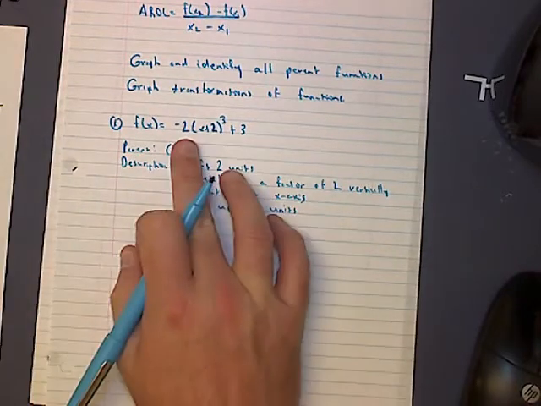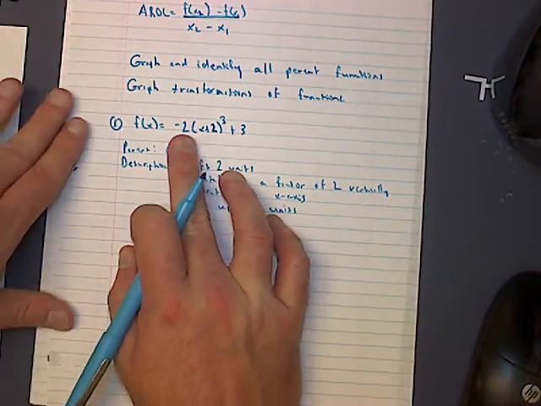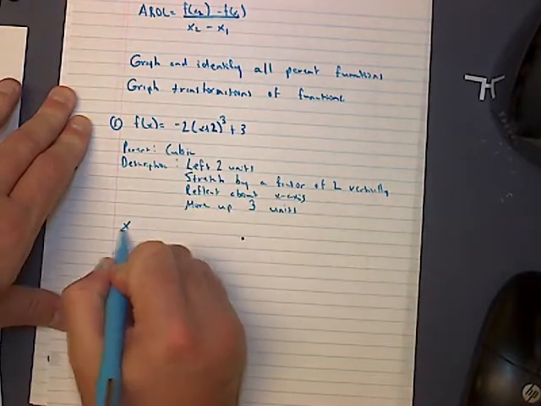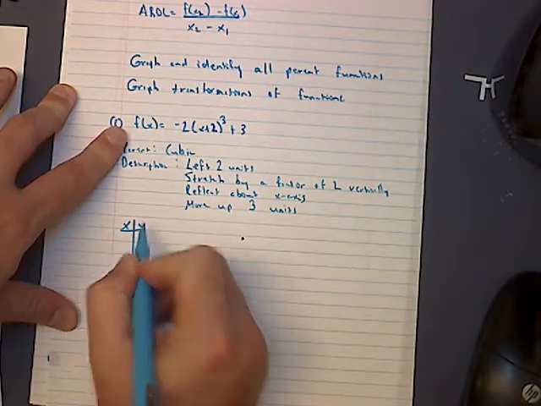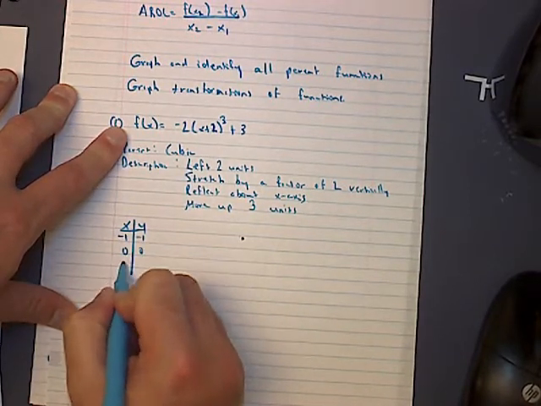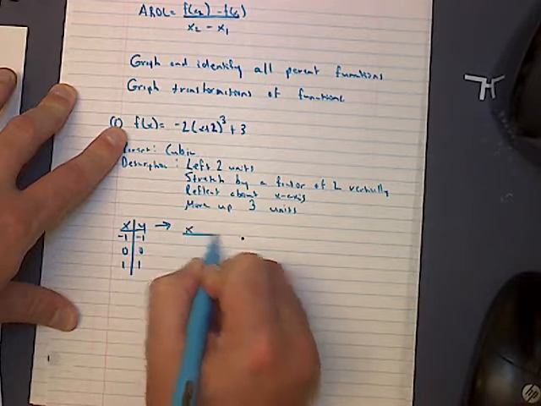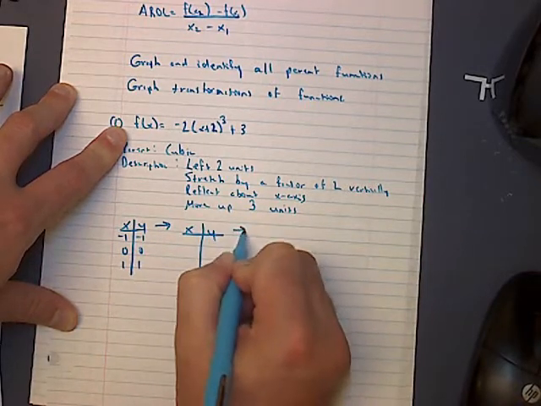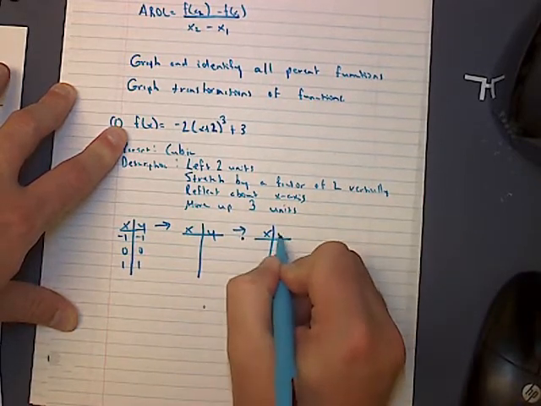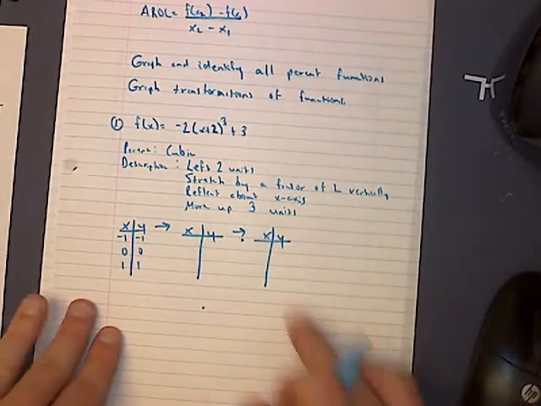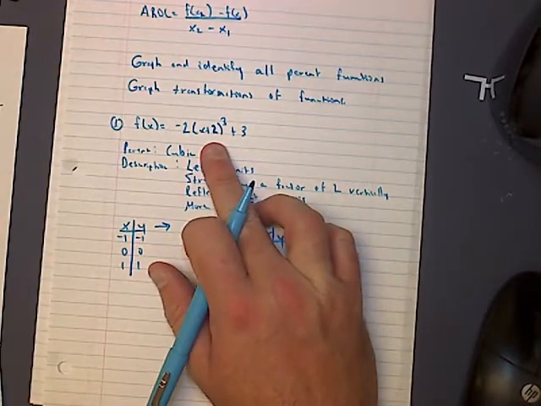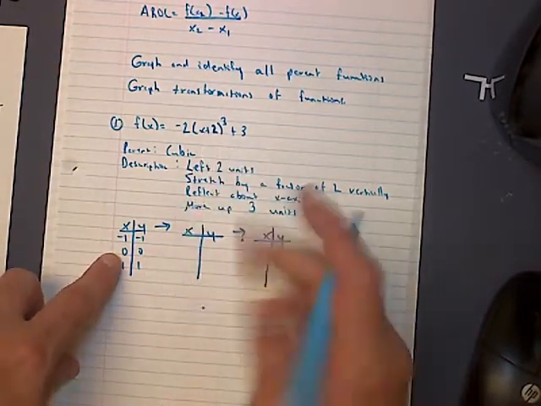Let's make a table. We need to make a table because we have this value, this -2 right there. All right. This +2 tells me I'm going to move it left 2, so I'm going to add -2 to my x values.